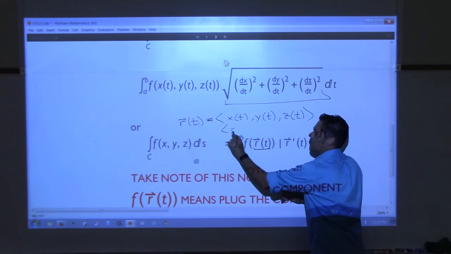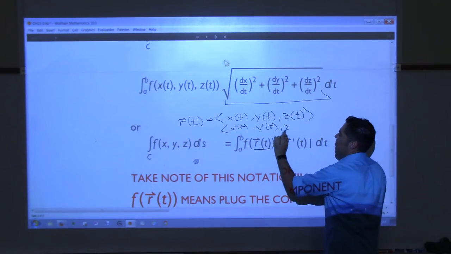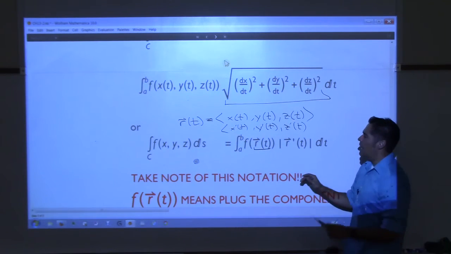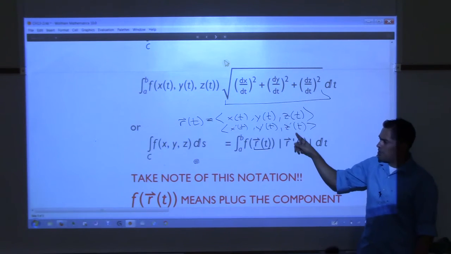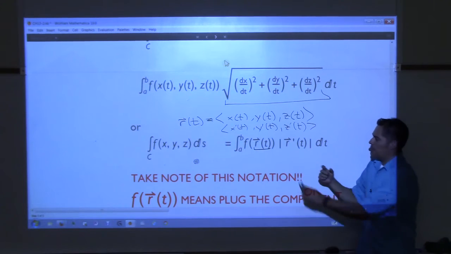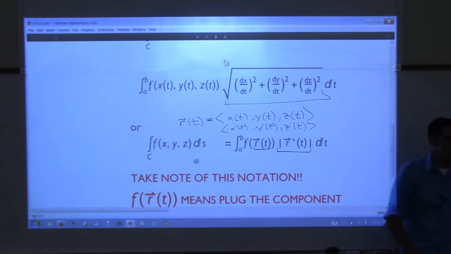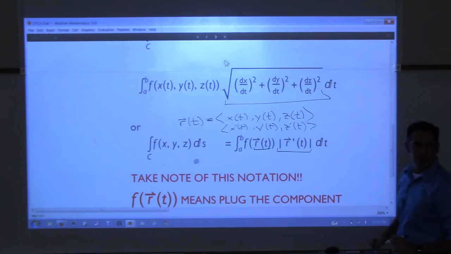It would be x prime of t, y prime of t, z prime of t. It would be a new vector. But if I asked us to take the length of it, you would do square root of this squared plus this squared plus this squared, which is this. So notice that this piece right here is just the magnitude of the derivative. This is brand new notation for something we already kind of understand from the previous idea in two-dimensional space.